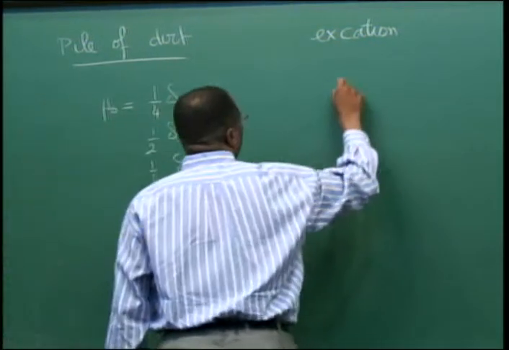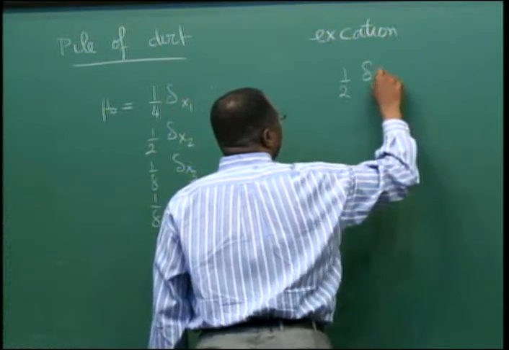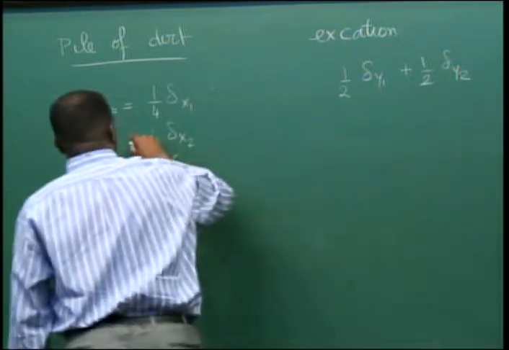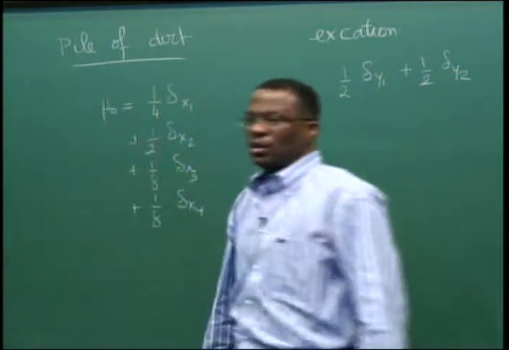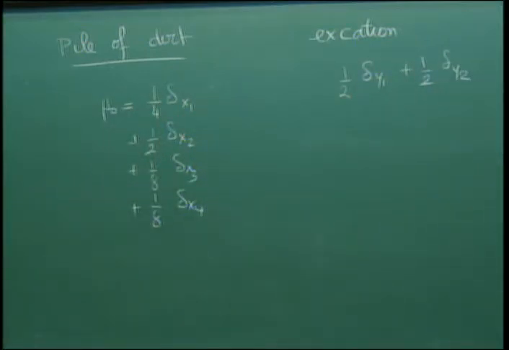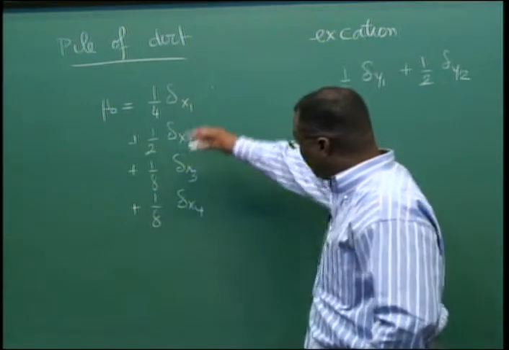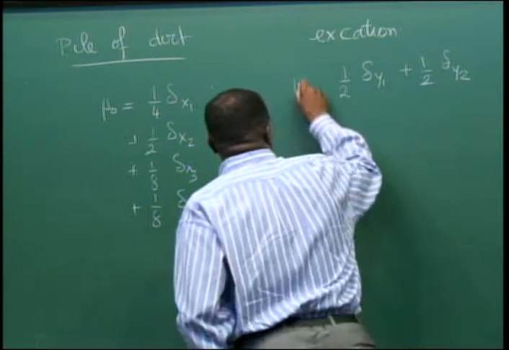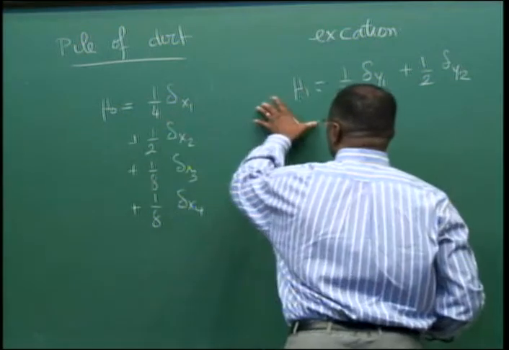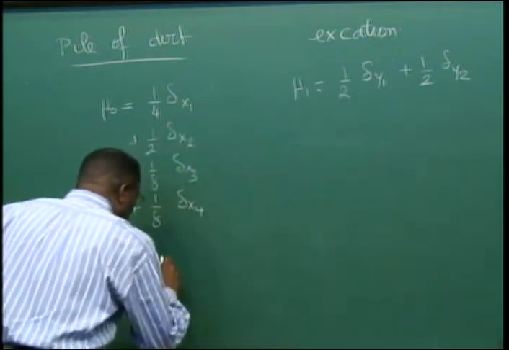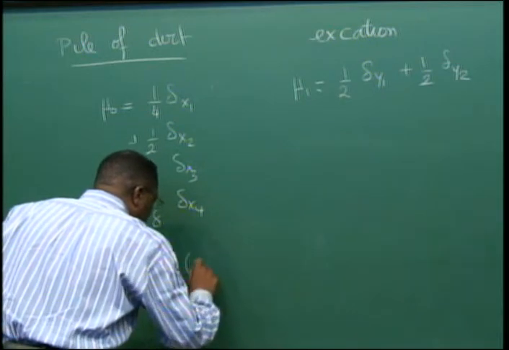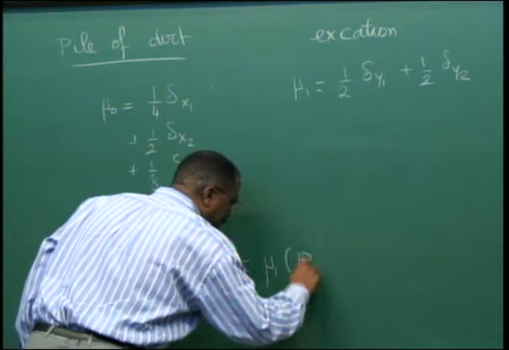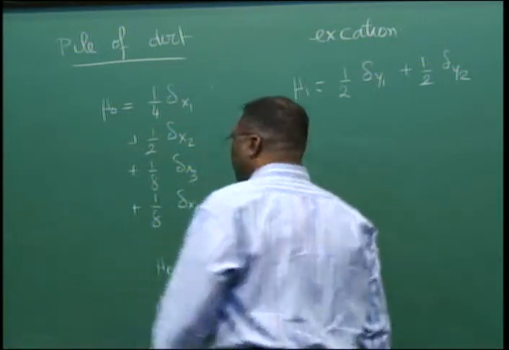And the excavation will be 1/2 delta y1 plus 1/2 delta y2. Okay. So what you notice is that the total mass here equals the total mass there. I call this mu1. And so I have two probability measures, mu naught and mu1, with mu naught of R^d equal to mu1 of R^d equal to 1.